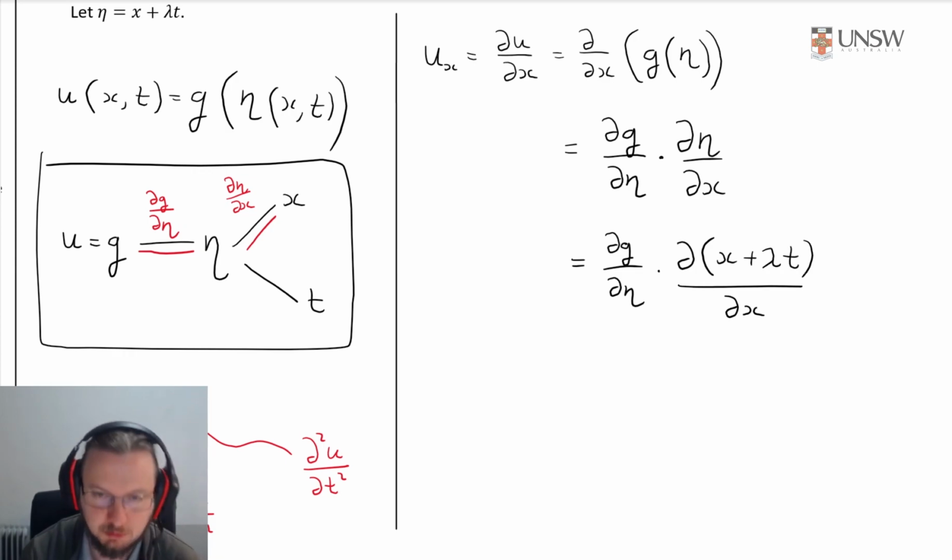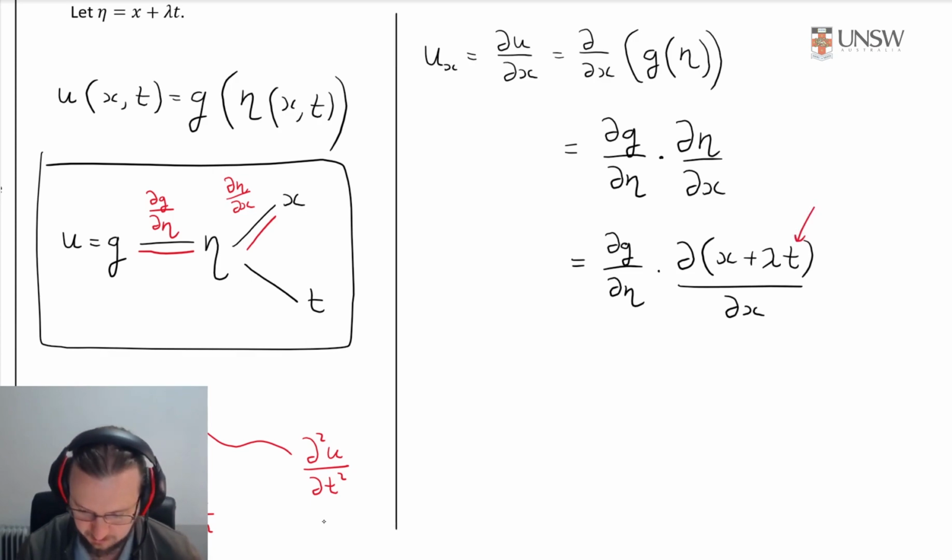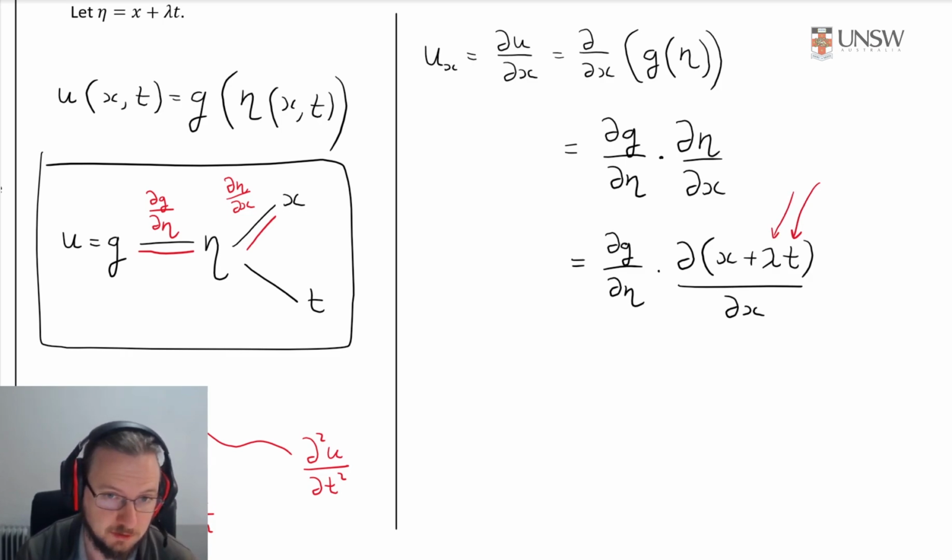So I want to take the partial derivative of this with respect to x. Now remember, when we take a partial derivative with respect to x, t is being held constant. So this doesn't affect the partial derivative. And lambda was a constant in the problem.